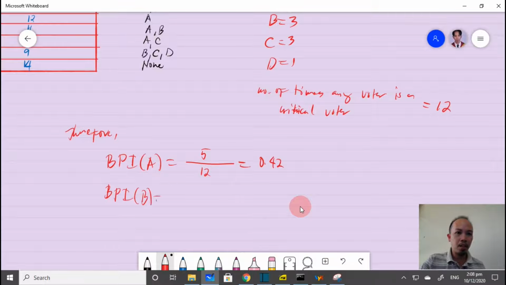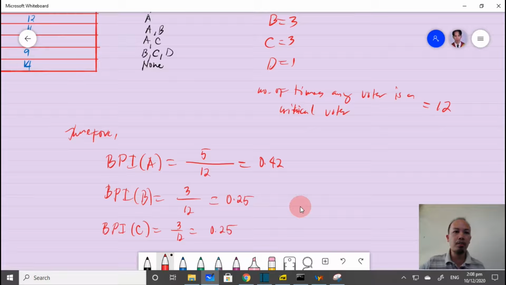The BPI of B is 3 over 12. The BPI of C is again 3 over 12. 3 divided by 12 is 0.25, so here we have 0.25, and here we have 0.25.